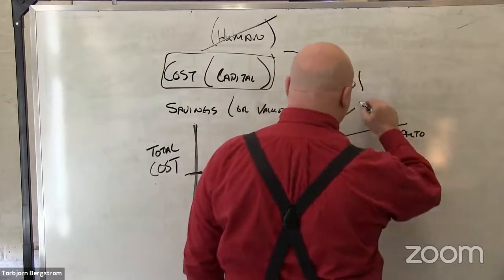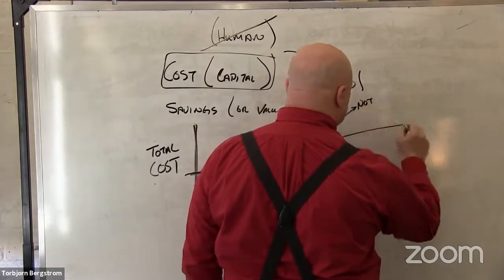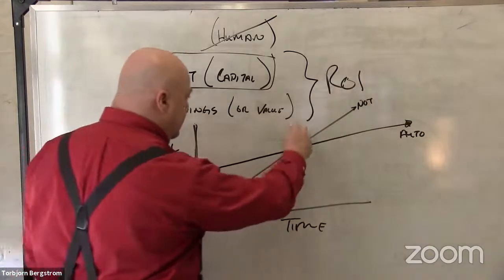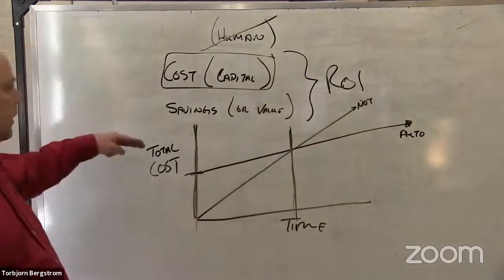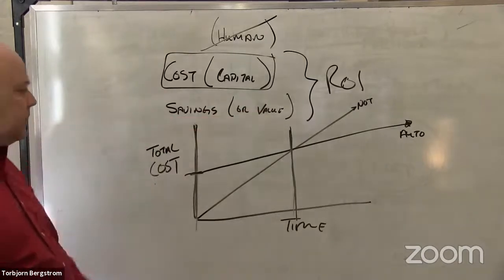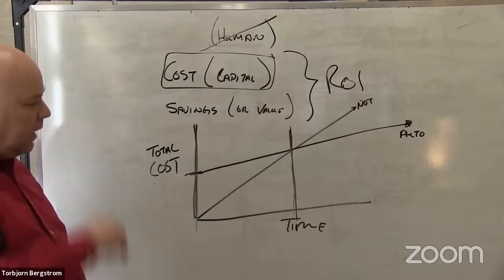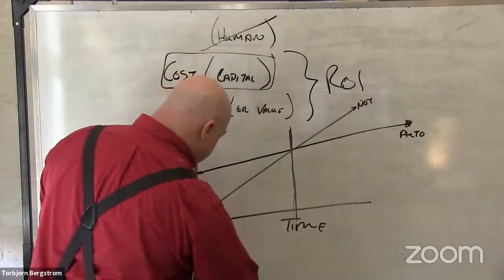This is not. So there's going to be a time over here where the cumulative cost is less than the cumulative cost over there. So this is the time to recover.